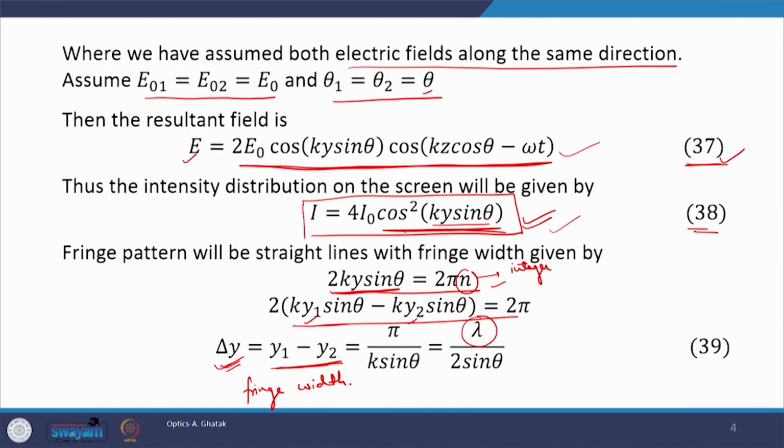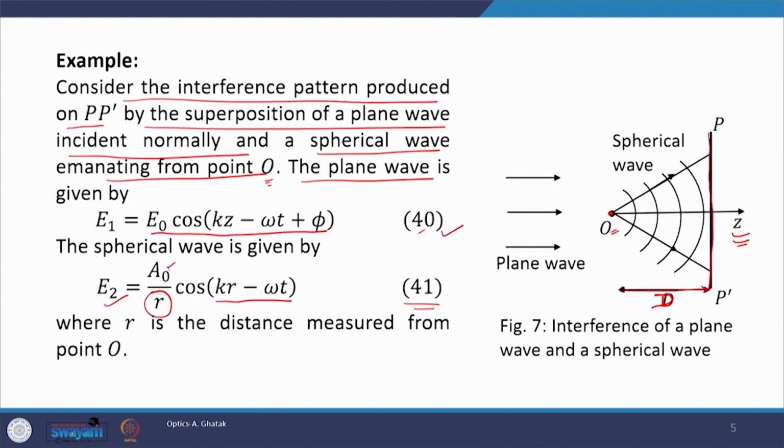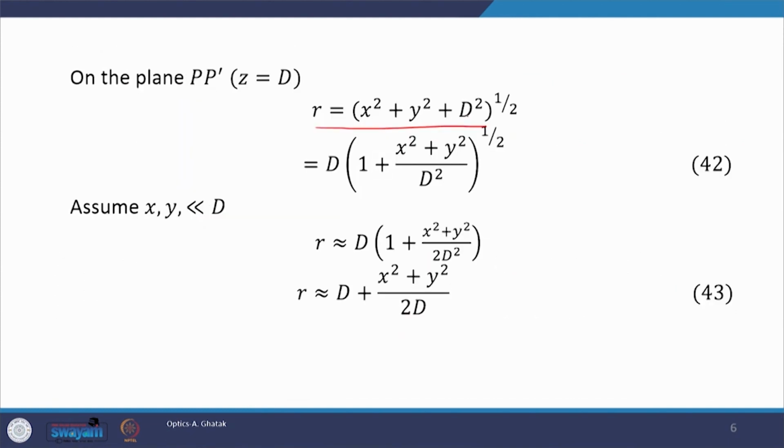We know that r is equal to the square root of x squared plus y squared plus z squared, and in place of z we write d here. And this d is very large as compared to x and y. If you remember, we always try to observe interference fringes close to the center of the observation plane.